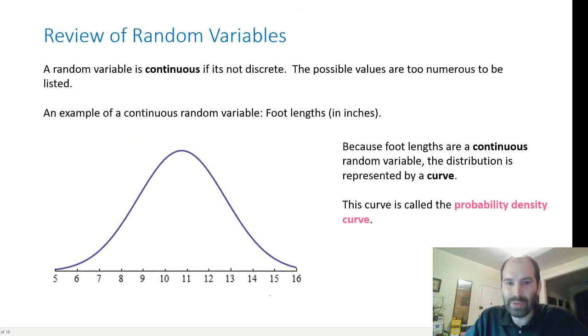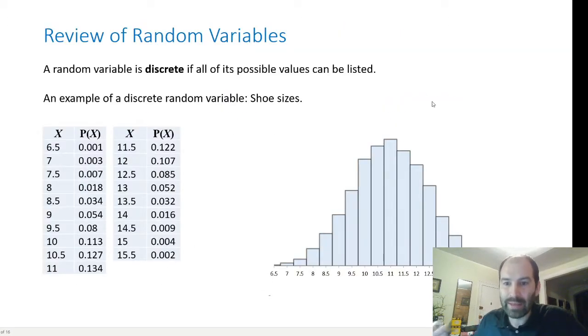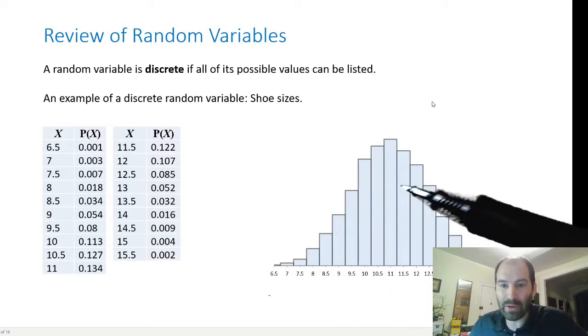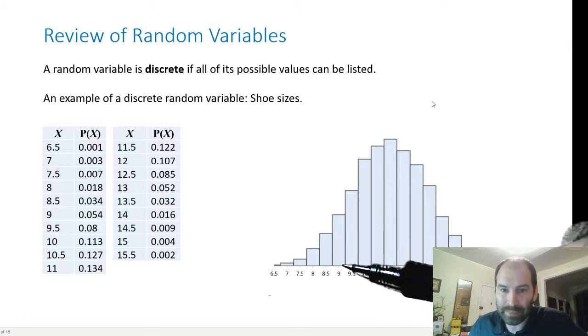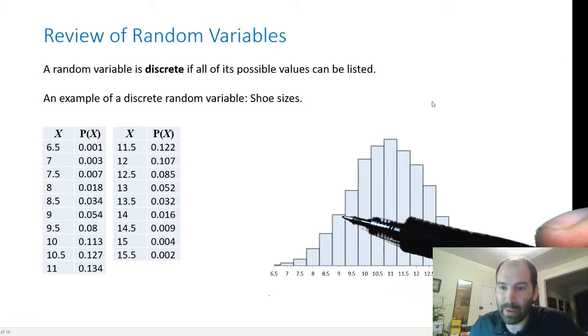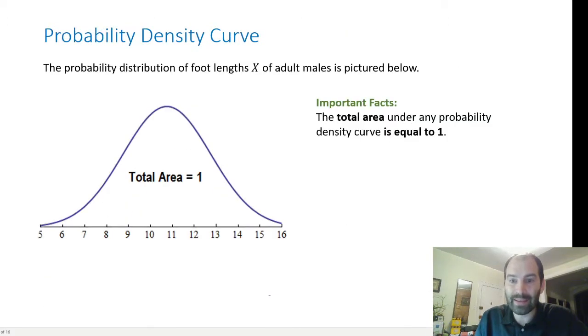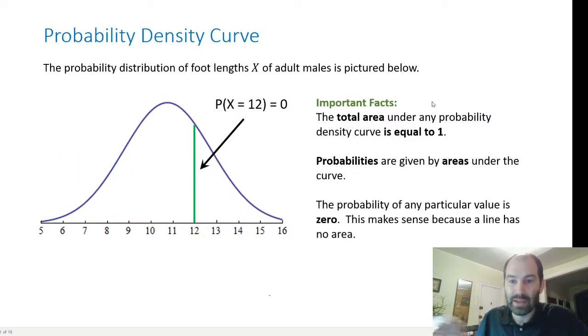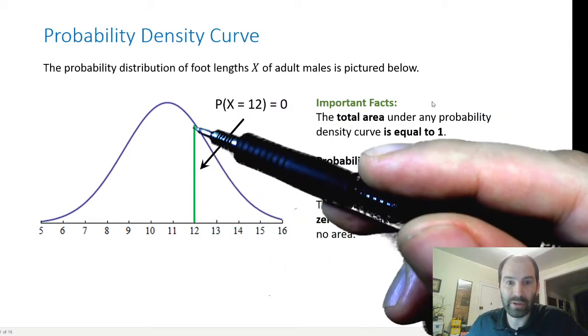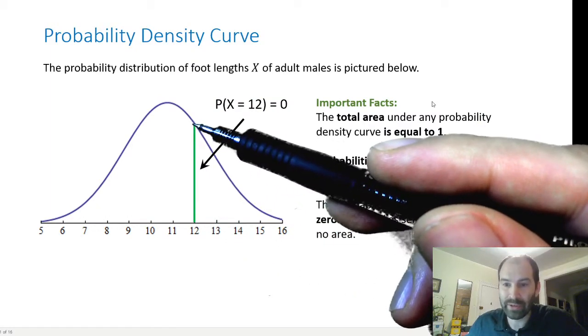Contrast that to the case we had before. If I rewind here, that was not the case for a discrete random variable. If I want to know the probability that x is equal to 9, I just take the height of this bar if the variable is discrete, and that's the probability. But in this case, that's not the case. The height of the curve is not the probability.